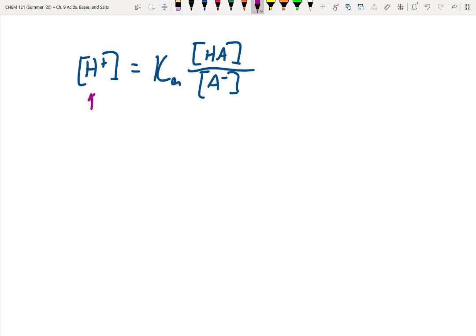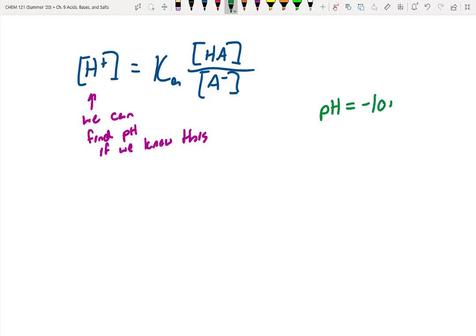So we can find pH if we know this. All right, but if you remember, pH isn't the same thing as the concentration of H+. pH is equal to negative log of H+, right?